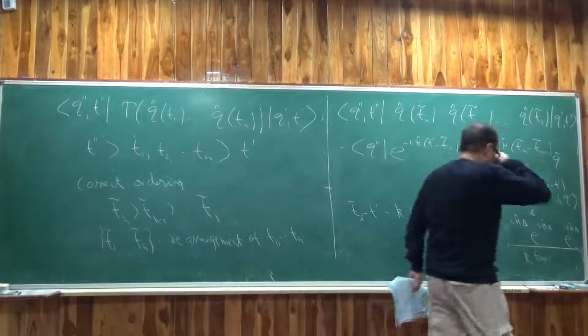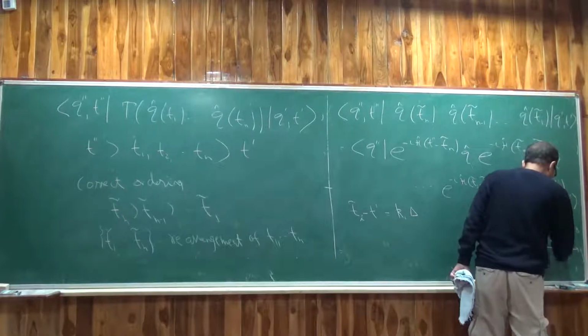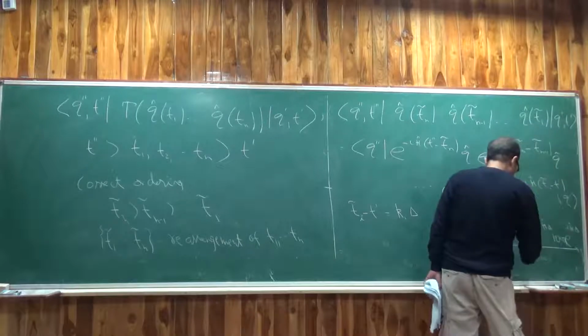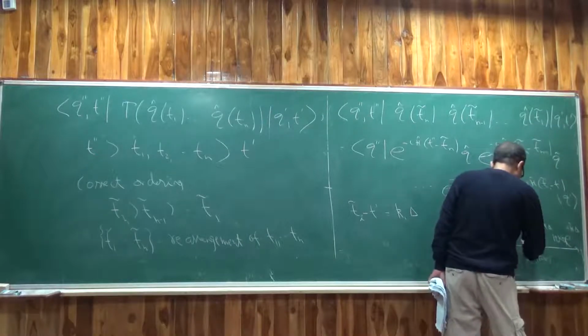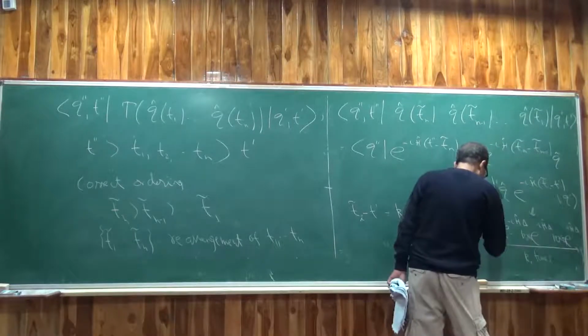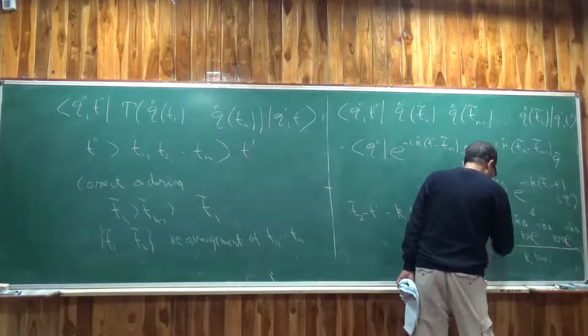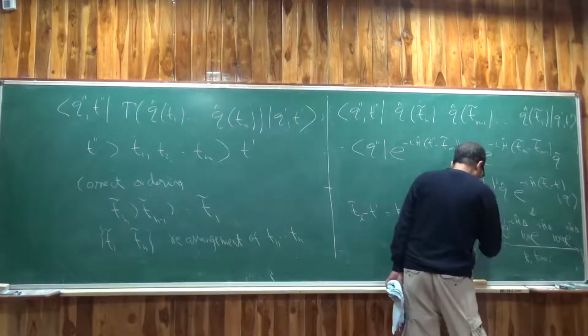And we proceed as before by inserting q1 here, then you insert q2, integrate over this, and then finally here you will insert q_k1.